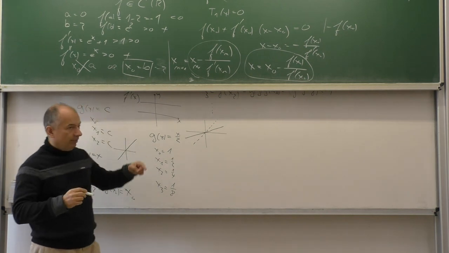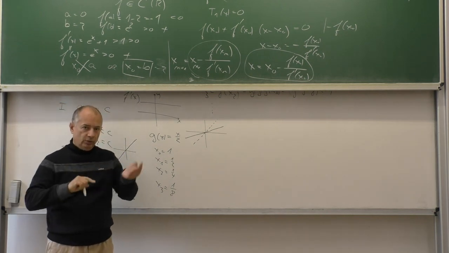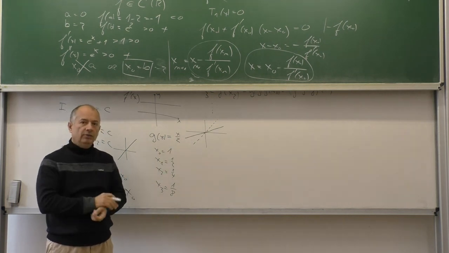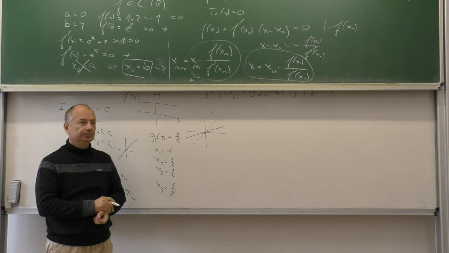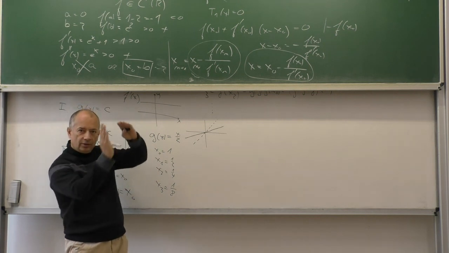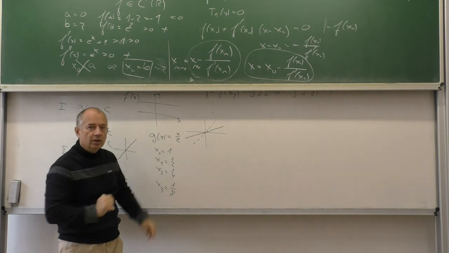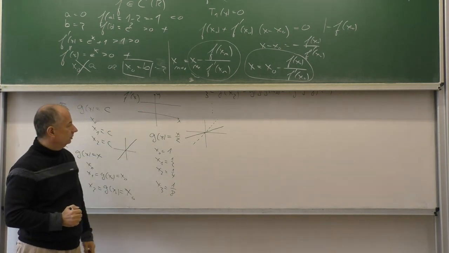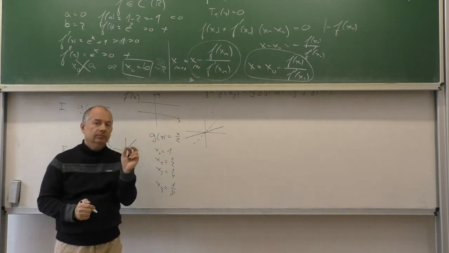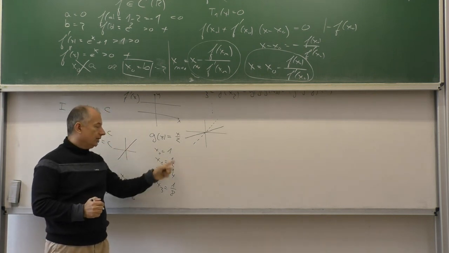In each step, we divide the value by 2. So if it was positive, we decrease the value down to 0. If it was negative, we increase the value up to 0. If x0 were 0 exactly in the beginning, then it stays 0 forever.